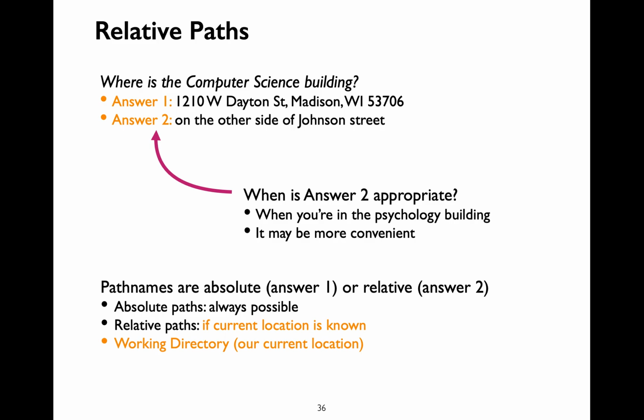Absolute path names will give you the full navigation structure from the entire drive, whereas relative paths give you the navigation structure relative to your current location, and the current location has a specific term called the working directory.